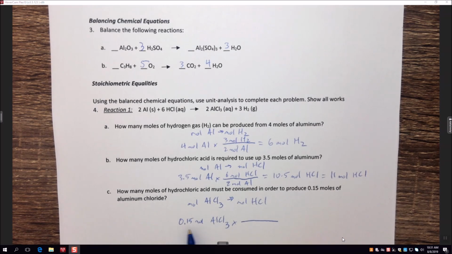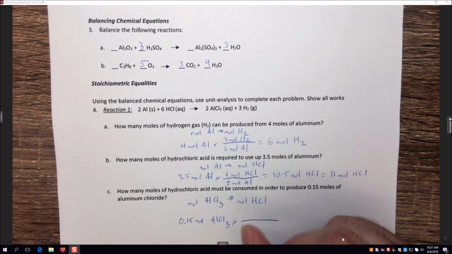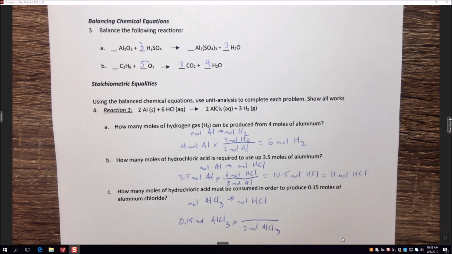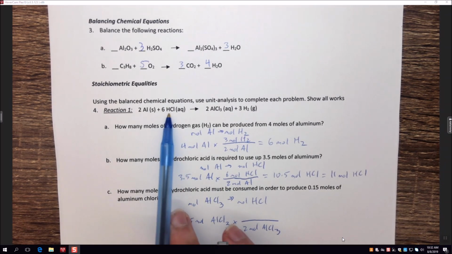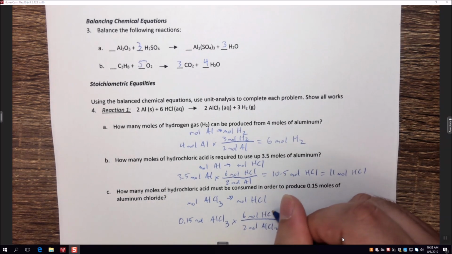To do that, we need our stoichiometric coefficients. For AlCl3, it's a 2, so on the bottom we're going to put 2 moles of AlCl3, and we're converting to hydrochloric acid again, so we want the stoichiometric coefficient in front of HCl, which is still 6 moles of HCl.